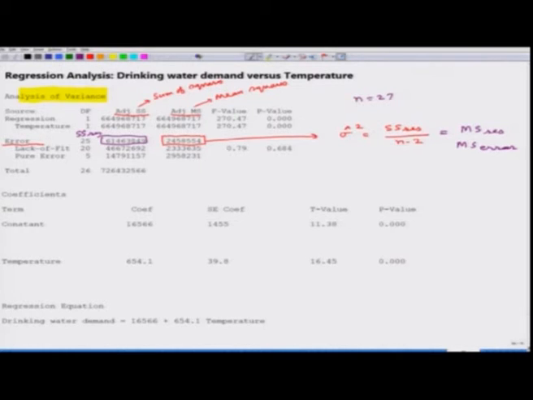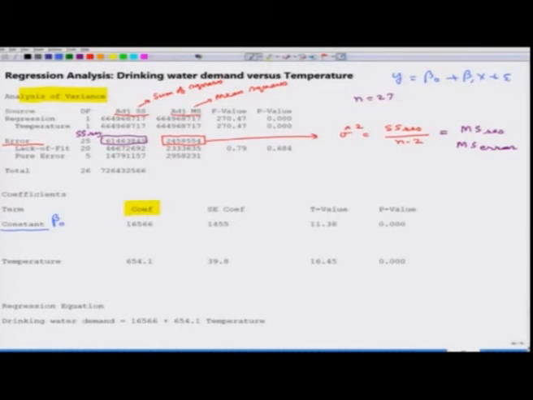Right. Okay. So now after this we come to this coefficient column over here. We have one thing here which is constant. Constant is nothing but your beta 0. We have considered the model y is equal to beta 0 plus beta 1 x plus epsilon.